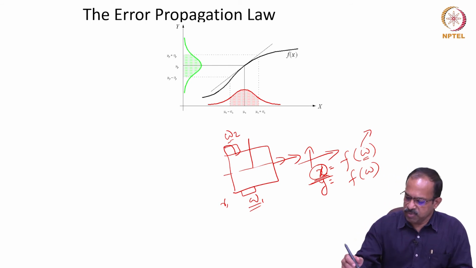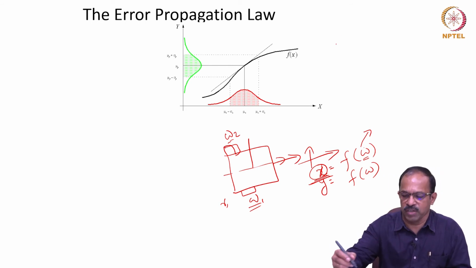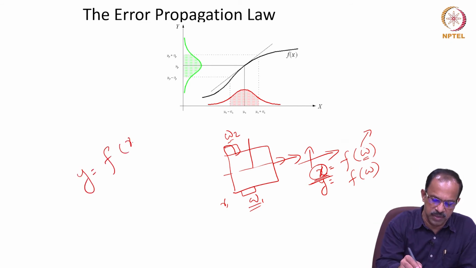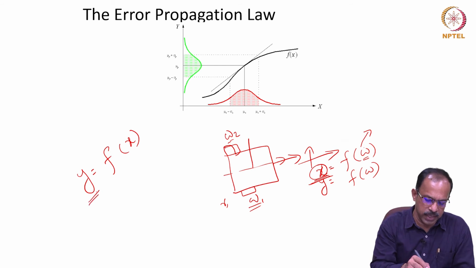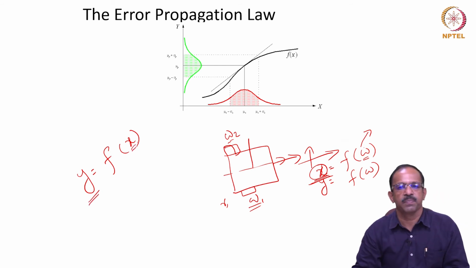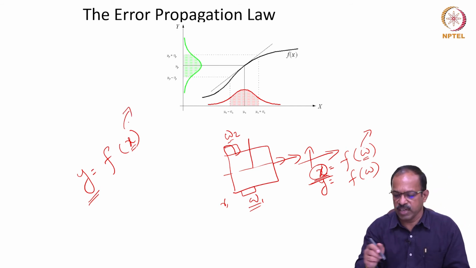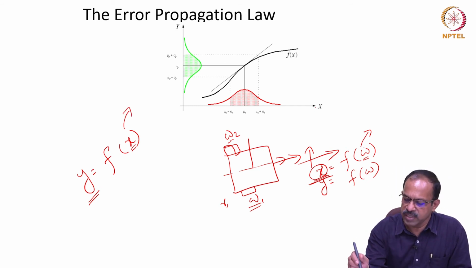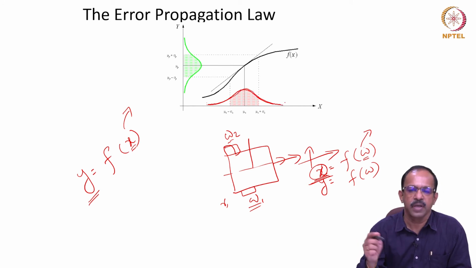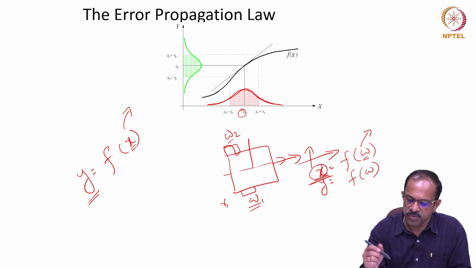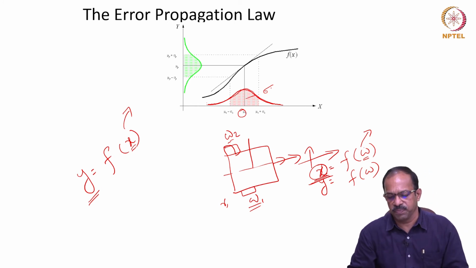Now, if I represent this as y is equal to f of x, that is, I am estimating y as a function of x, and then I have an error in x. That is what is plotted here. If I am measuring this x, the error in x can be shown as a distribution like this, with the mean value mu x and a sigma, which is the standard deviation.